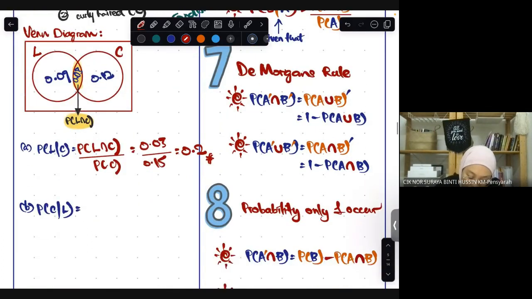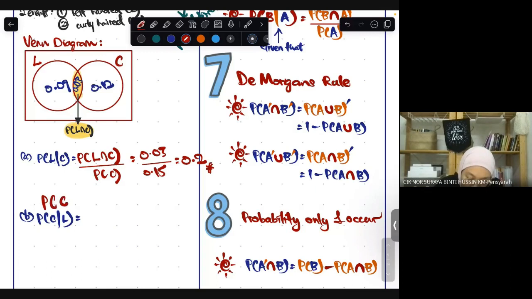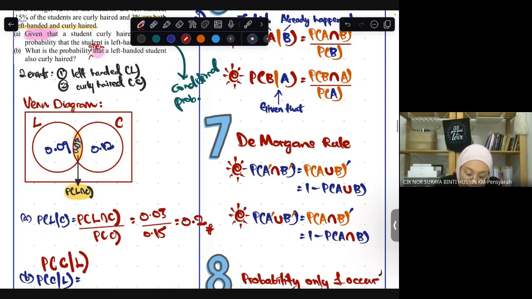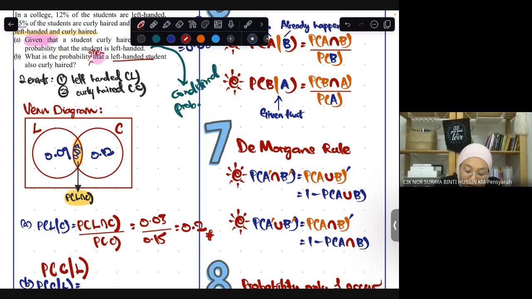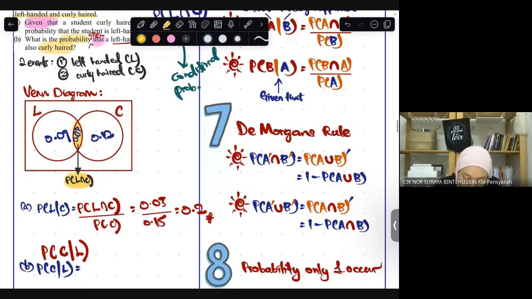Bermaksud dia sedang tanya, find the probability of the curly head given that it's left-handed. Given that it's a left-handed student, but they want to find the probability of the curly head. Itu yang dia nak. Dia mahukan yang curly head ni. They want to find the probability of curly head given that it's left-handed.